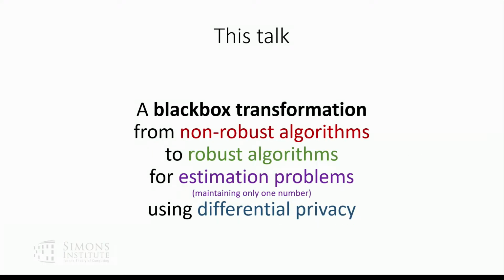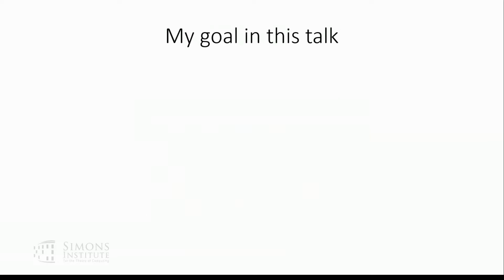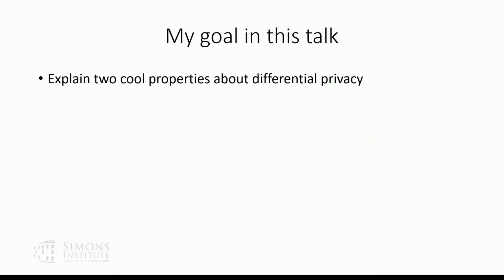And what we're going to see is a black box transformation from any non-robust algorithm to a robust one for estimation problems. So it's a problem where you want to maintain, let's say, one number, using differential privacy. And the goal is that you will see two cool properties from differential privacy that I think are good to know, even if you care about data structures only.